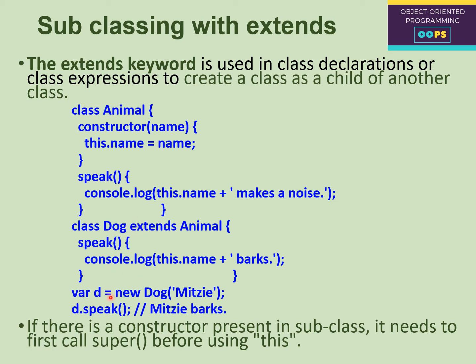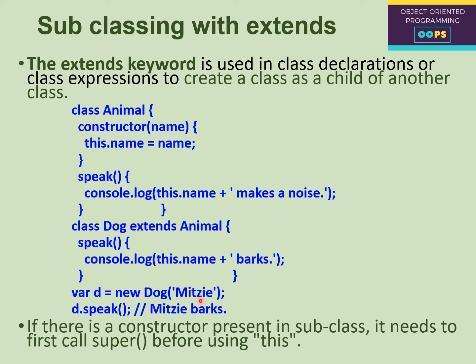Then after the Dog class definition, variable d is equal to new Dog of Mitzie. Dog is a class which is extended from the Animal class. So here, the constructor function of the Animal class will be invoked.